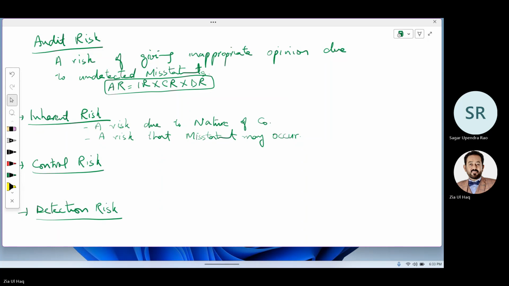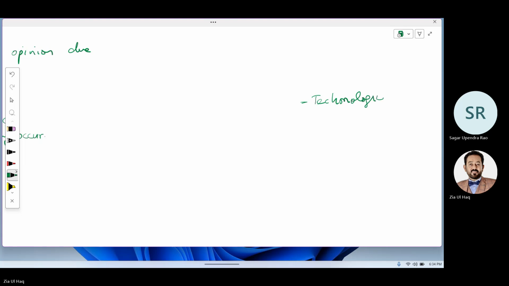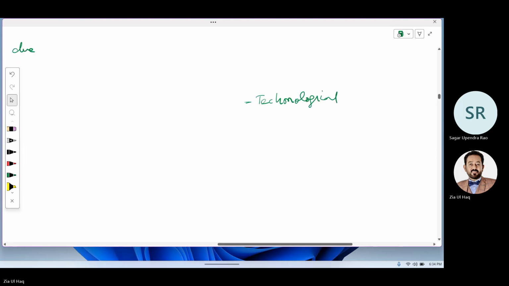Makes sense? Due to the nature of the company. What is the nature of the company? The company is operating in technological products, or the company is operating in high fashion products. So let's write down examples as well, because these examples will help us while attempting questions. Technological products or high fashion products.